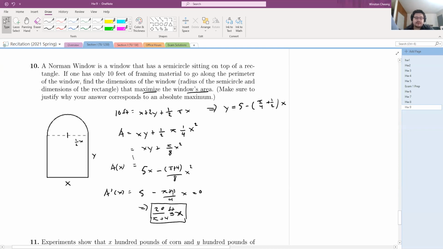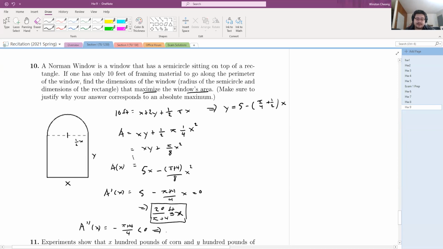Well, notice that this first derivative is really easy to deal with. We can just take another derivative, and it's just so easy, right? We just use the second derivative test for absolute extreme values. So take another derivative, and we're gonna get negative (pi plus 4 over 4), and that's negative, right?